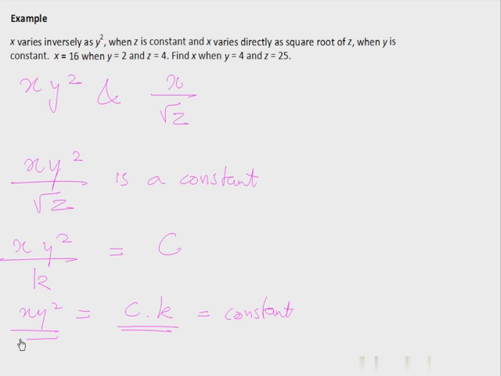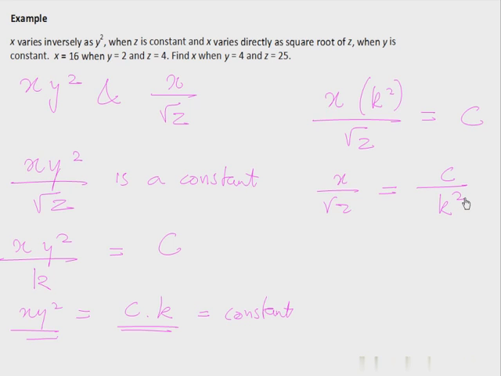How about the second statement? Second statement says that when y is a constant, x and root z are directly related. Let's see if my expression allows for that. So I'm going to make y a constant. So x into k square upon root z is a constant c. Now since k square is a constant, x over root z becomes c over k square.